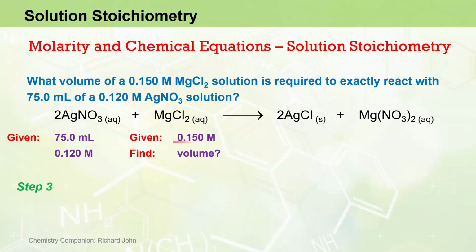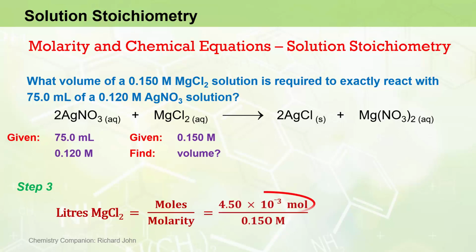Finally, in step 3, we want to calculate the volume of the magnesium chloride solution using the appropriate version of the molarity equation, litres equals moles divided by molarity. This gives us the 4.5 by 10 to the minus 3 moles we just calculated in step 2, divided by the molarity, 0.150 molar, which was given to us in the question.